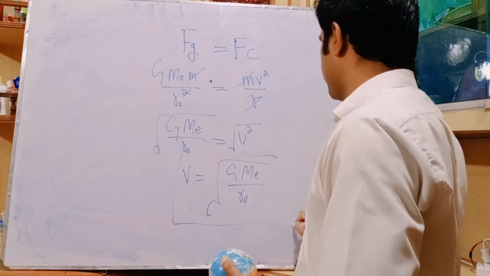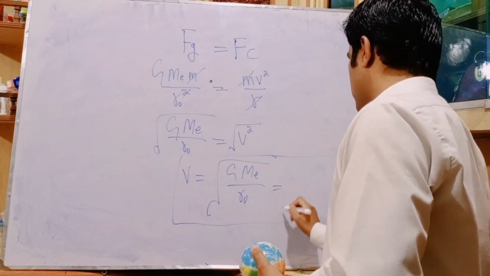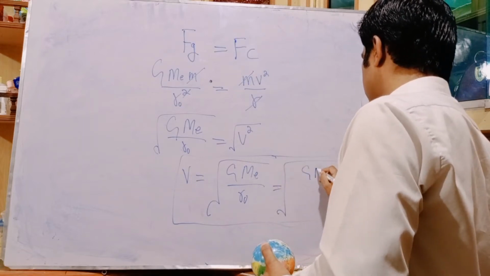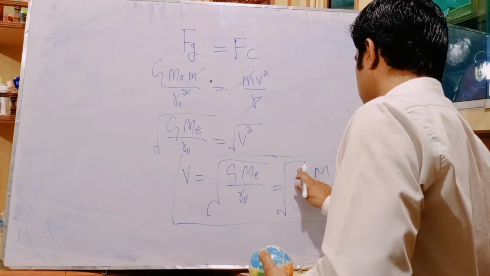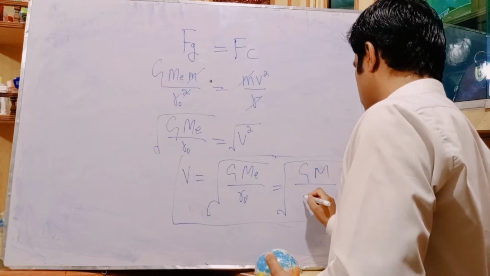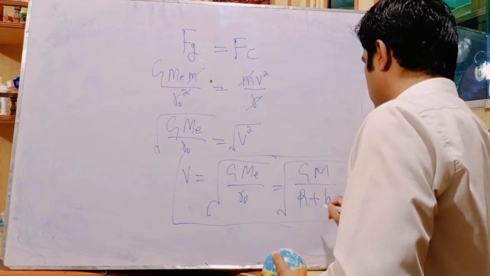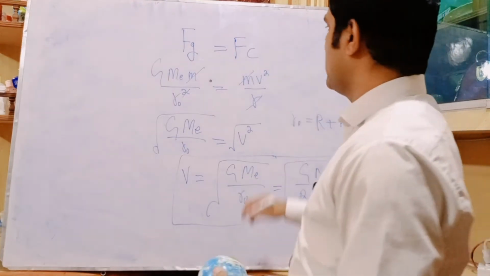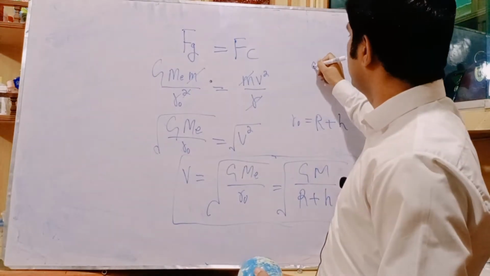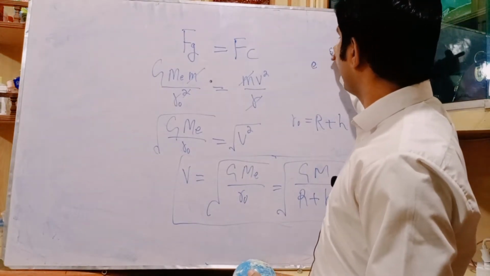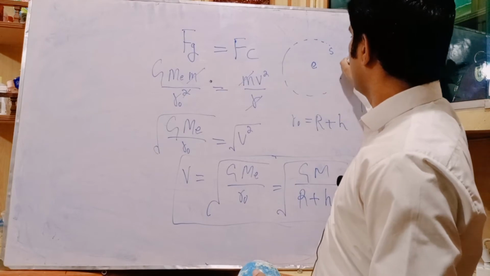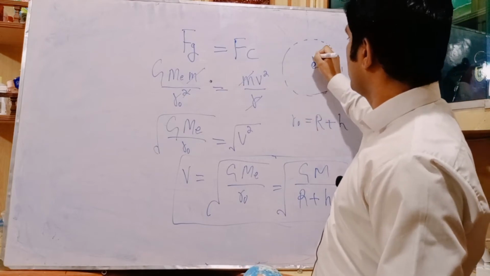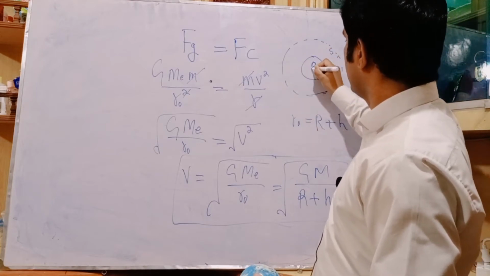Here r naught is the distance where, if this is the Earth and this is the satellite, this is the Earth's center.